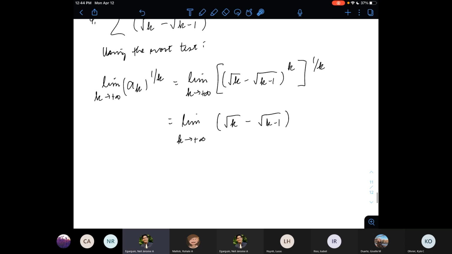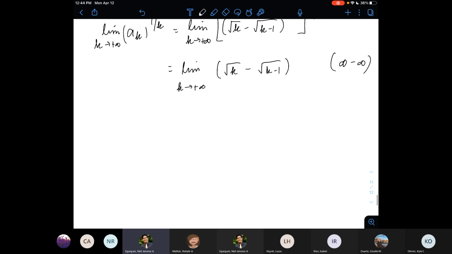All right? But this is an indeterminate form of the form infinity minus infinity. We don't know what happens if you have an infinity minus infinity. So do you remember what we did in Cal 1 when we had problems like this? Or have you already completely forgotten what we did in Cal 1? What should I do with this indeterminate form?